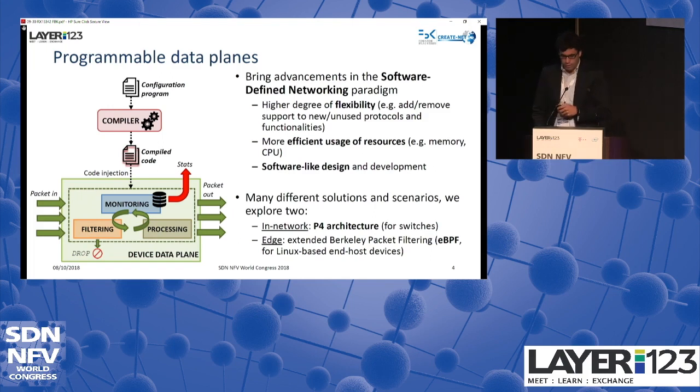We focus on two in this talk, which are the P4 architecture and extended Berkeley packet filtering, eBPF. P4 is an architecture for switches, so it's best suited for in-network packet processing, while extended Berkeley packet filtering is most suitable for Linux-based end-host devices. So the domain it's most suitable for is the edge of the network.